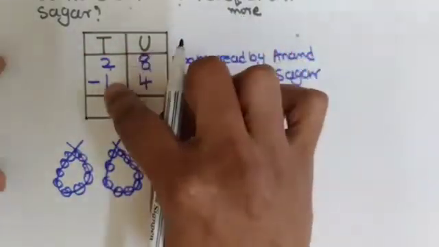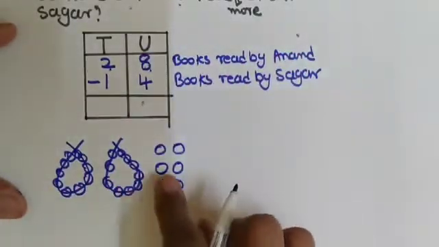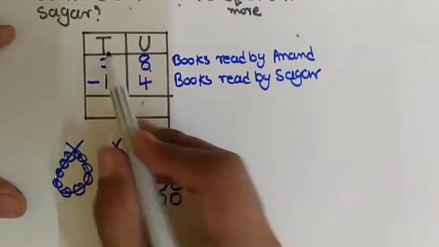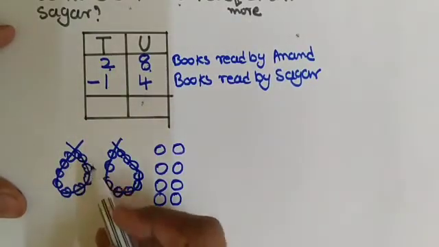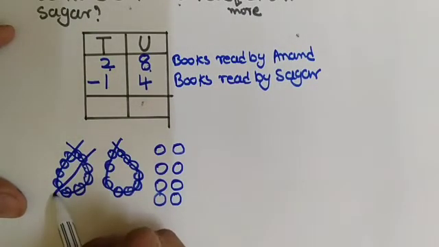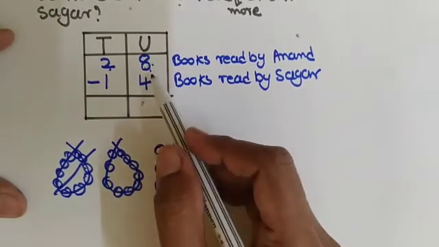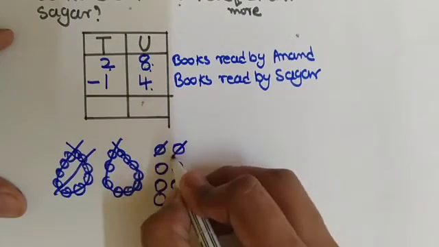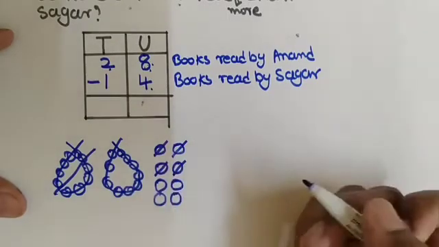So, we will cut 14 out of this 28. In 14, we have 1 ten. So, from 2 tens, we have to subtract this 1 ten, and from 8 units you have to subtract 4 units. One, two, three, four.